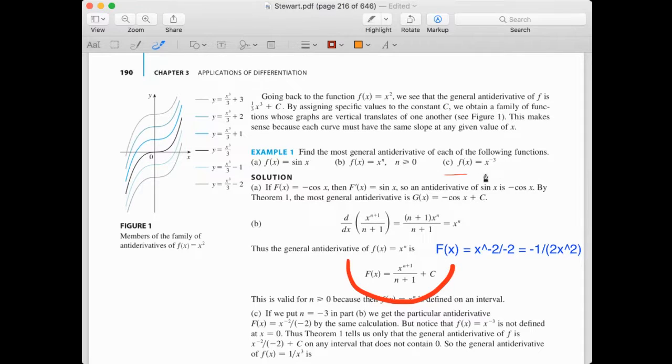Then we divide by negative 2. So we add 1 to the exponent, we divide by the new exponent. Then, of course, we add c to it. We add a constant to it. So this is called the power rule for antiderivatives.